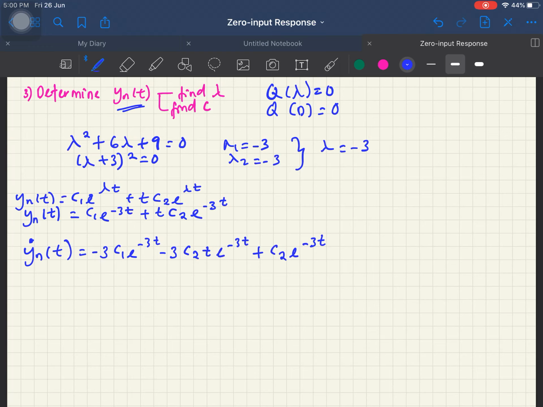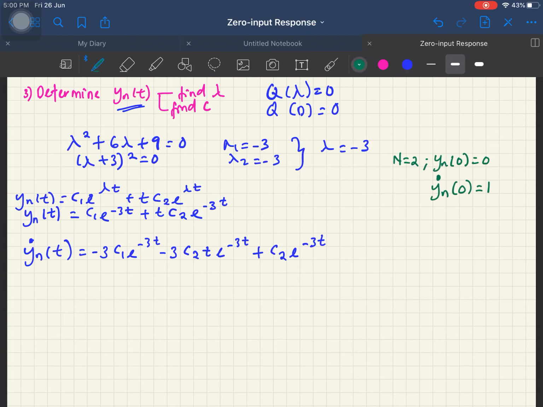So we can find now what is C1 and C2 by utilizing the initial conditions. And we know from the theory that when we have n equals 2, yn(0) is 0 and yn dot of 0 equals 1. So we have two initial conditions. So we can solve yn(t).